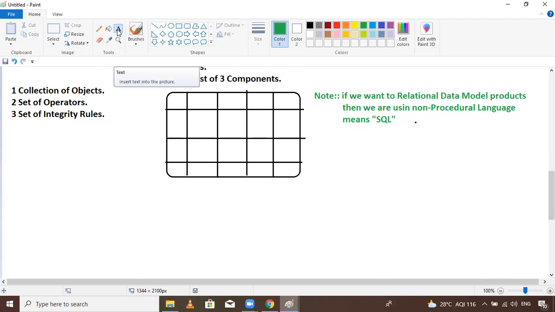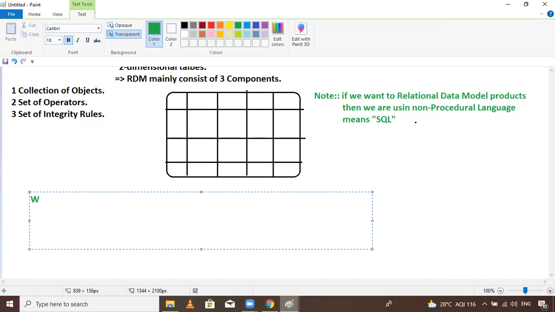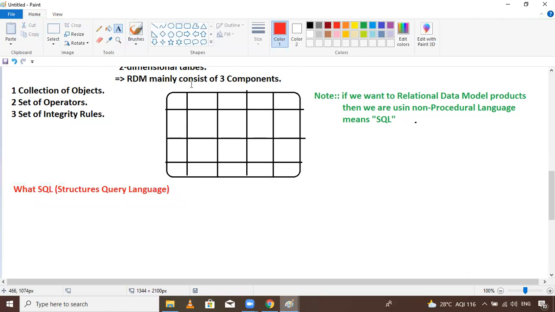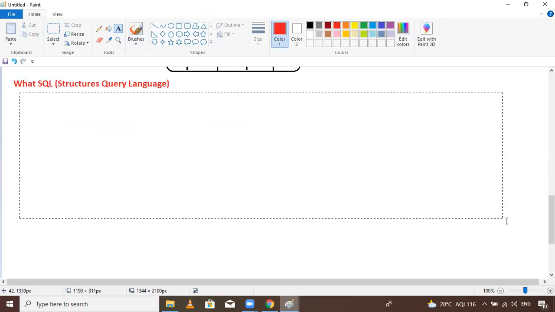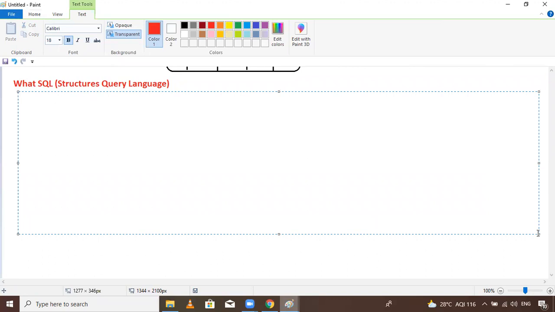Today's main topic is SQL, which means Structured Query Language. Tell me if you know the meaning of SQL. Please comment in the comment box if you really know these topics.